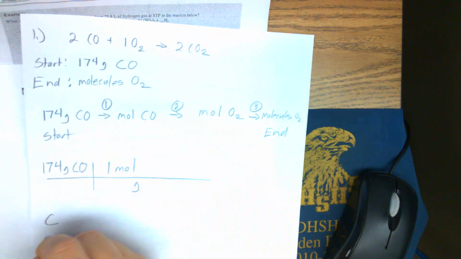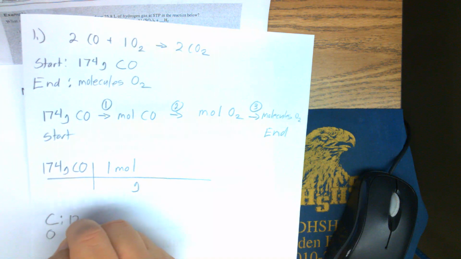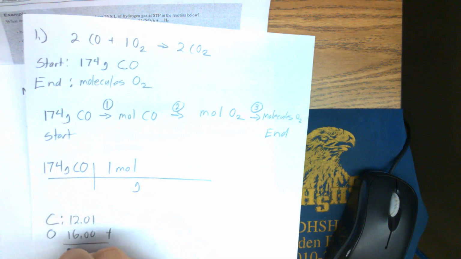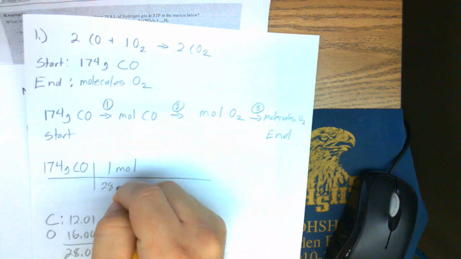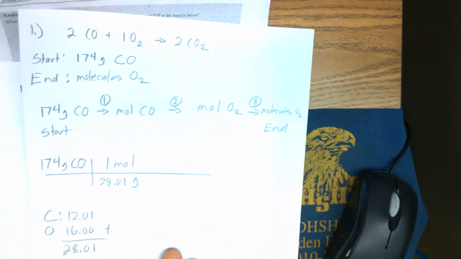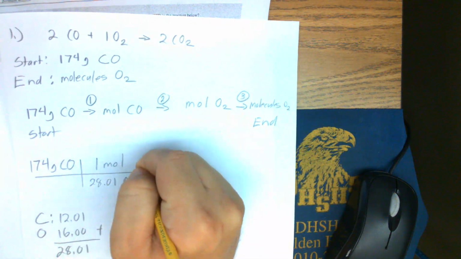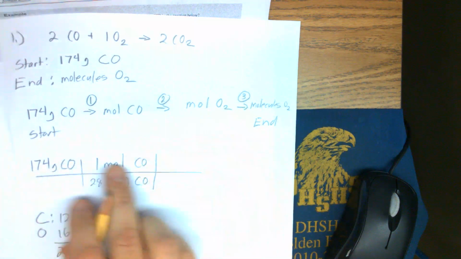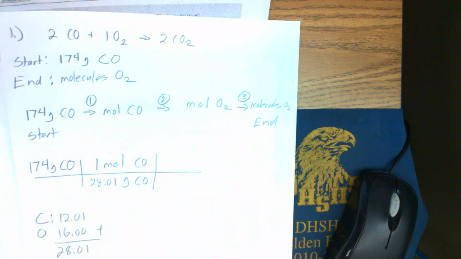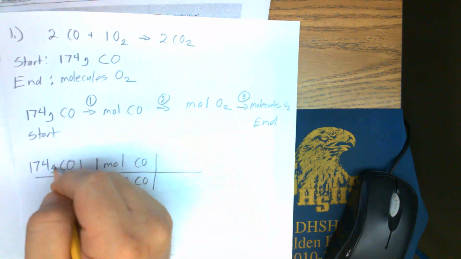We have carbon monoxide, so C and O. Carbon's 12.01, oxygen 16. So we just add these, we should get 28.01. So that's going to be our mass. For our middle step, we want to make sure that we're putting the substance CO for this.